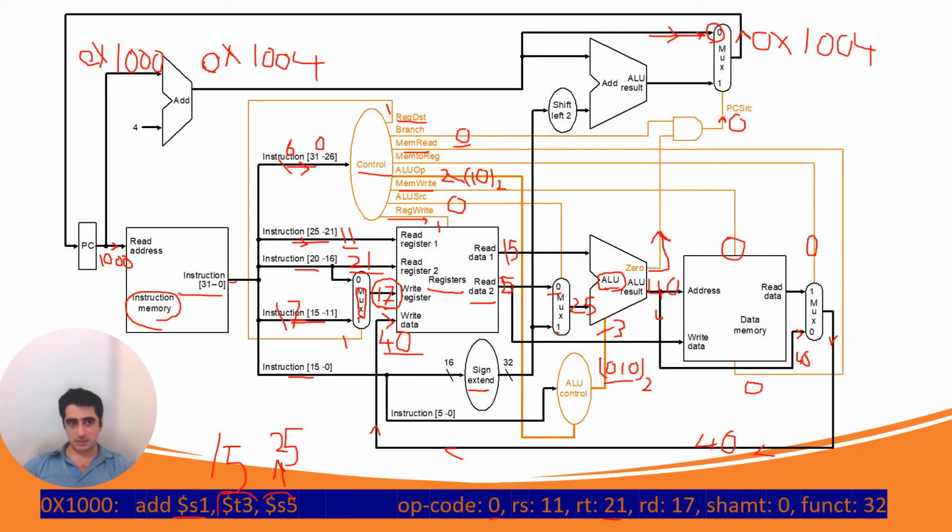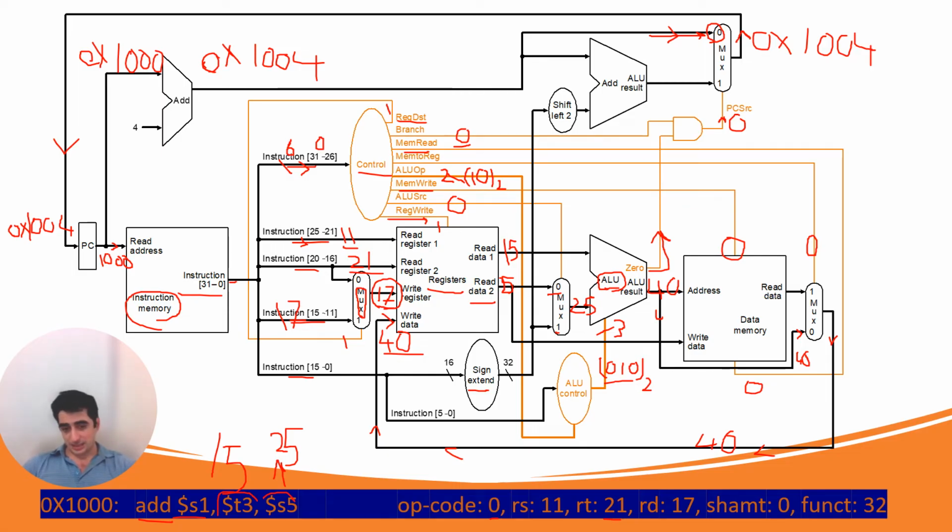And that's pretty much it. That's when you have the next PC equal to 0x1004, and that's going to be the next address. That means after this instruction, we're going to execute the next immediate instruction, right? Because it's not a jump or a branch, right?